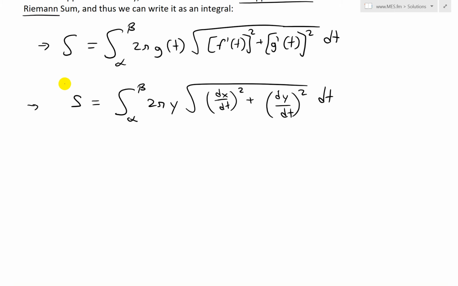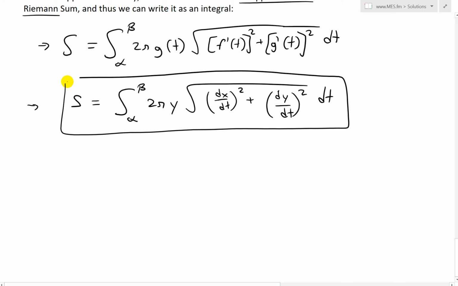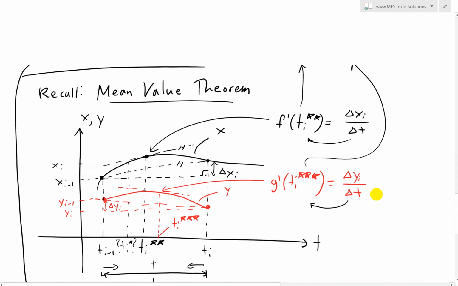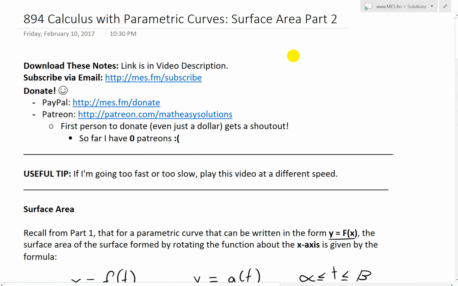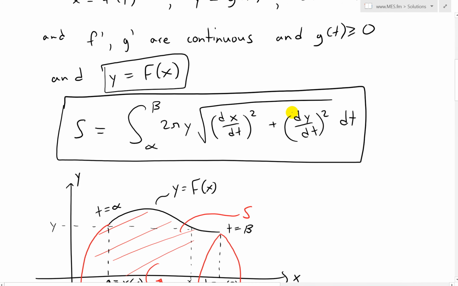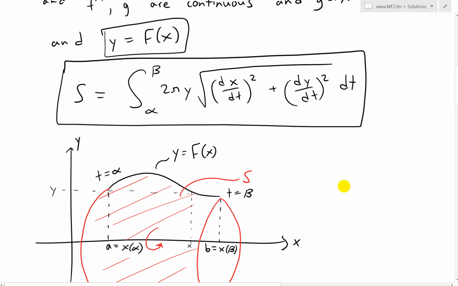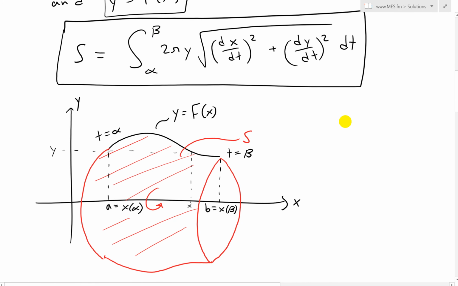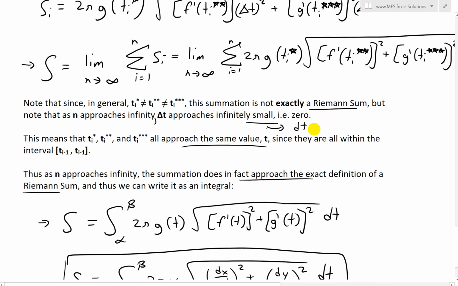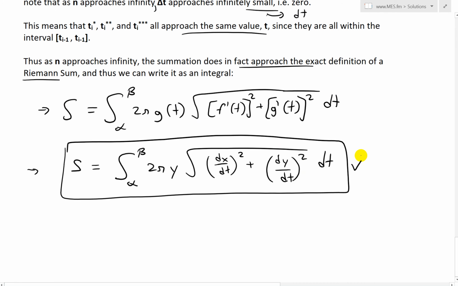And there is our formula, and this is in fact the exact same as what we were trying to prove. And this one is for when y equals f of x. We have this integral from alpha to beta of 2 pi y, then square root of dx over dt squared plus dy over dt squared dt. And again, let's put a big check mark here. This is the exact same.